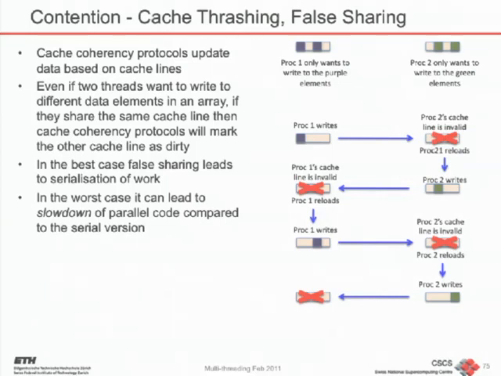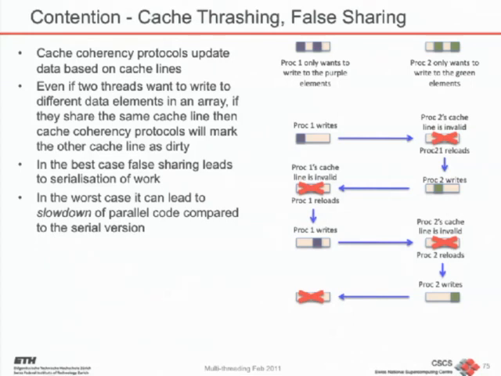Two threads want to write to different elements in an array, but those elements sit in the same cache line. So what we have here in this example is they've loaded in the cache line, and this is where they actually want to do the writing.